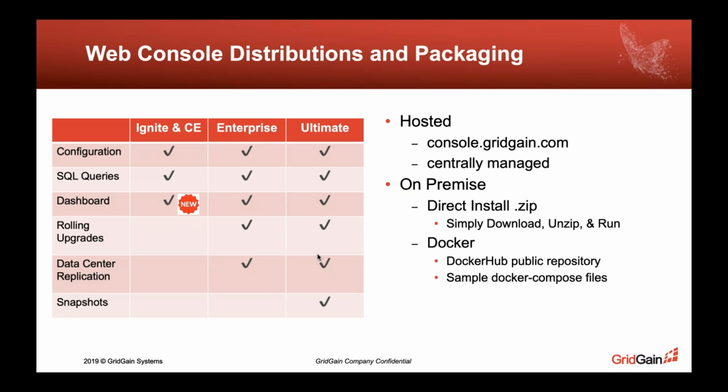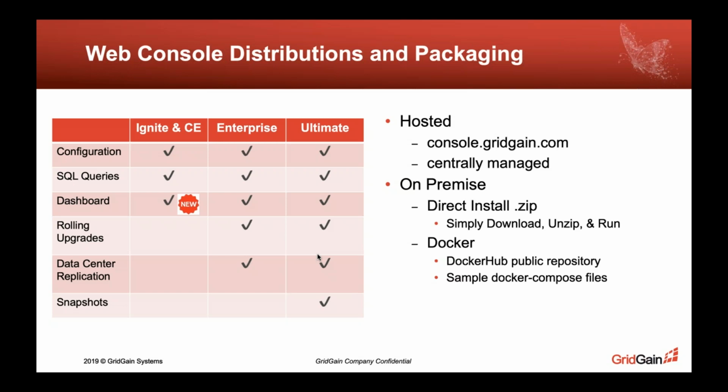You can still go to console.gridgain.com, which is a free, centrally managed, hosted version of our Web Console. Create an account, connect, install Web Agent locally wherever your clusters reside, and you have a very easy way to work with the Web Console. We also now provide freely available on-premise versions.